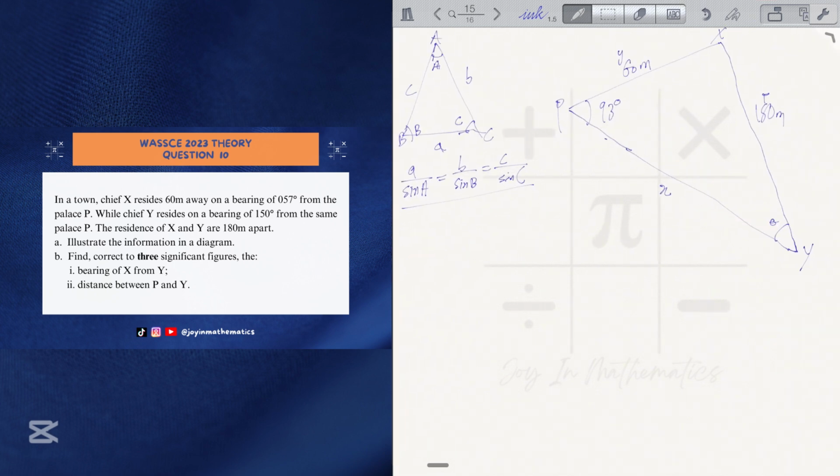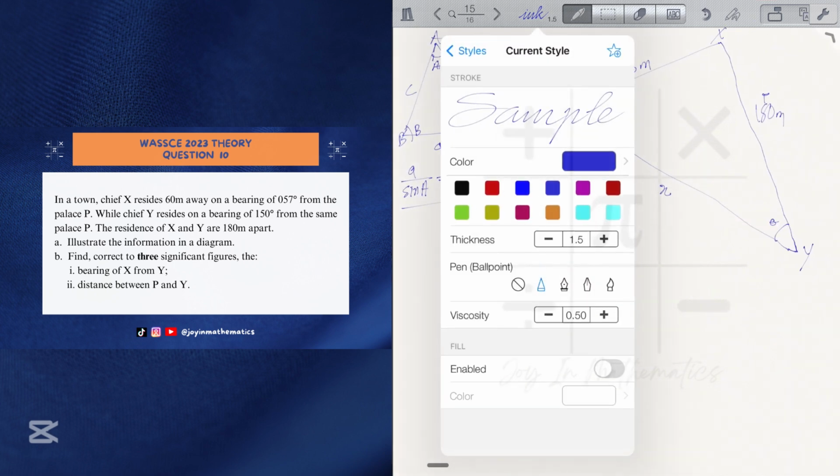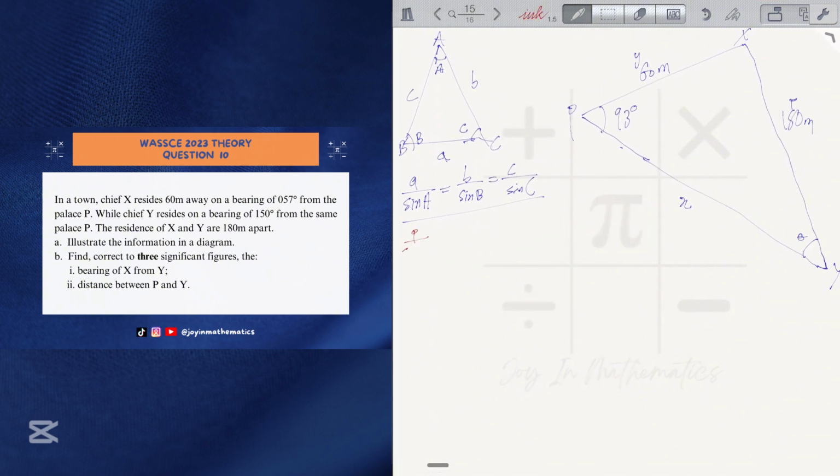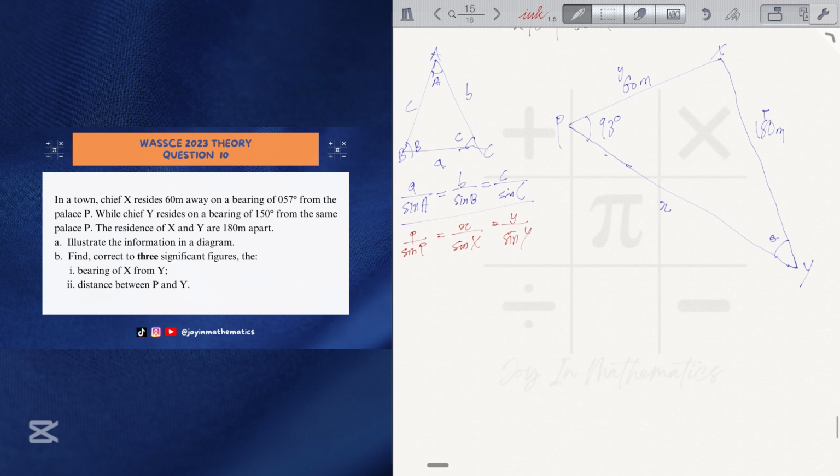So we can replicate this law, and instead of a over sine A, we can say p divided by sine P is equal to x divided by sine X is equal to y divided by sine Y. With this, we are looking for angle Y. Y is theta. We have y to be 60 meters, p to be 180 meters, and angle P to be 93 degrees.